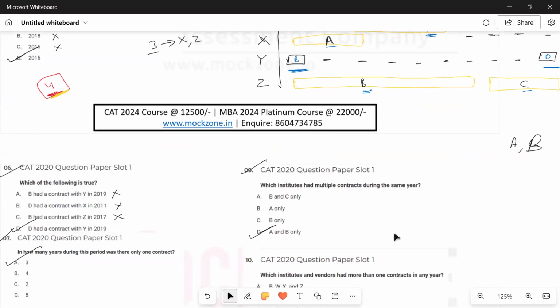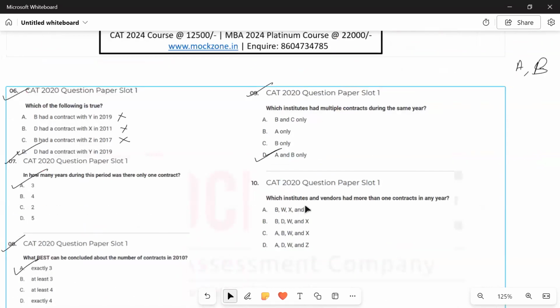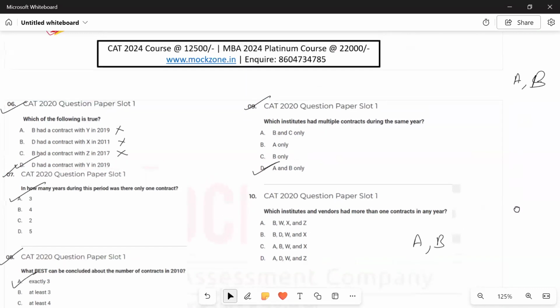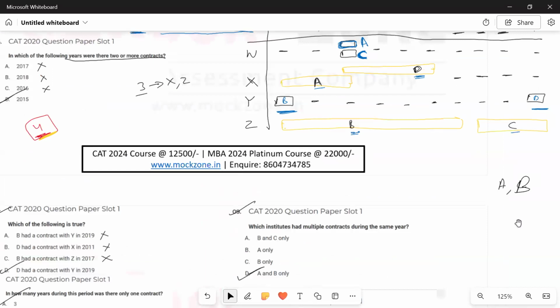Now the last question. Last question says, which institutes and vendors had more than one contract in any year? From the last question we know that institutes A and B have more than one contract in a year. A and B have overlap, C and D do not.